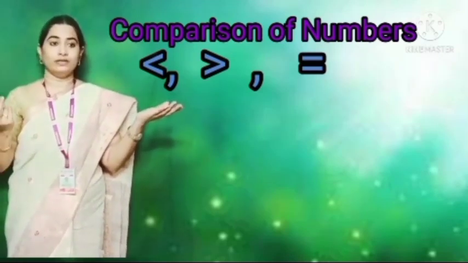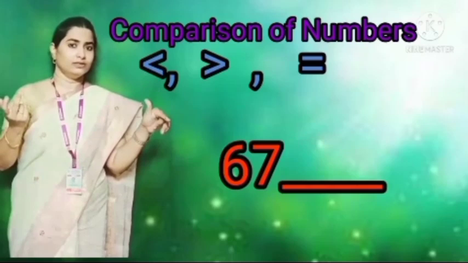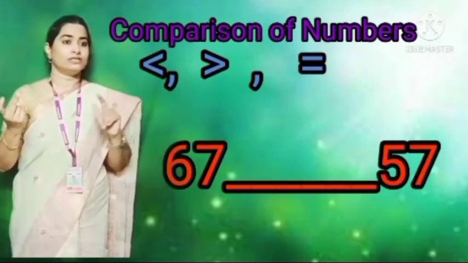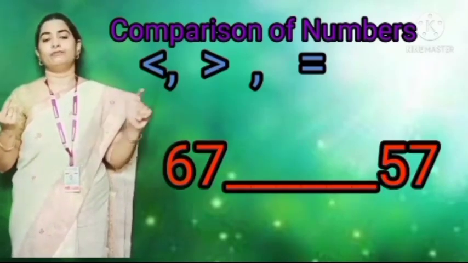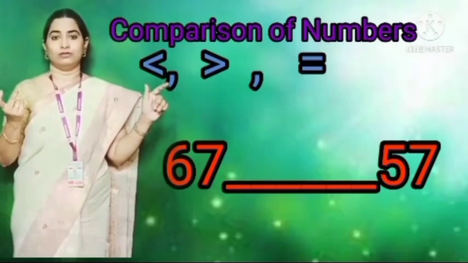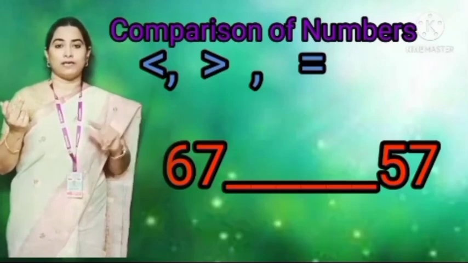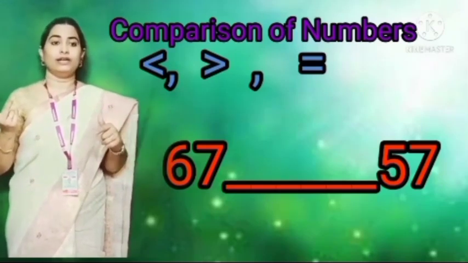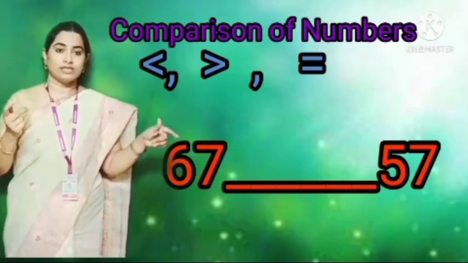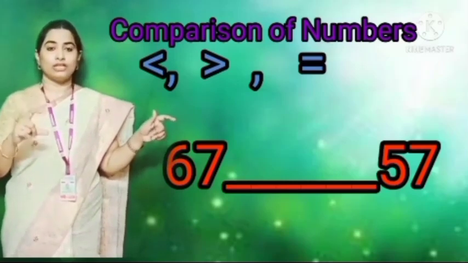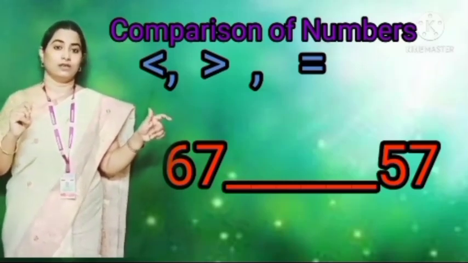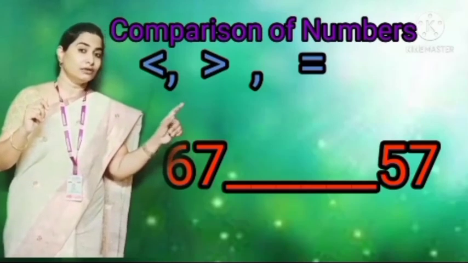So, we have to compare both the numbers. Now look children. Here numbers are given 67 and 57. First we need to check the tens place. Here it is given 67. So tens place is 6 and here the tens place is 5.